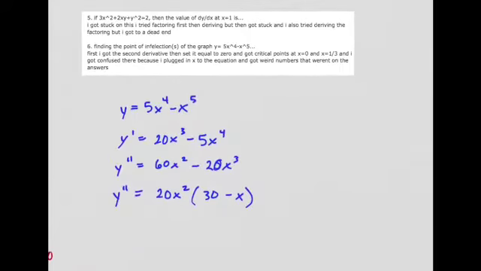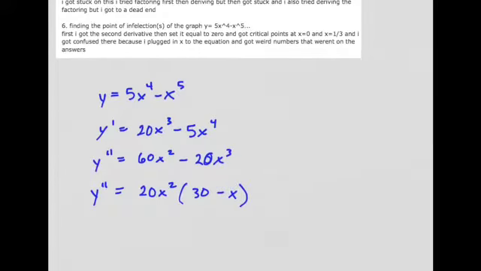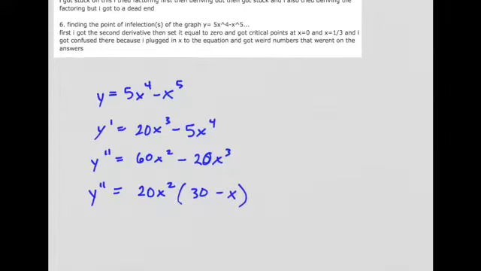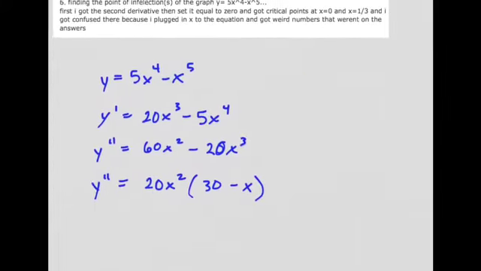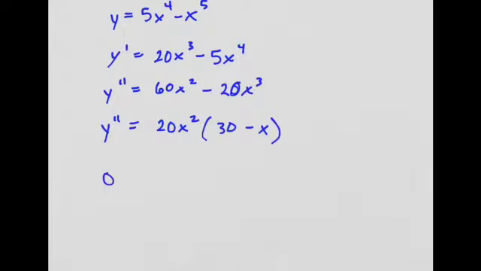Now, what did you do? So first I got the second derivative, then set it equal to 0, and got the critical points 0 and 1/3. I didn't get 1/3. Here's what I got. If I set this equal to 0, then I get a double root at x equals 0.